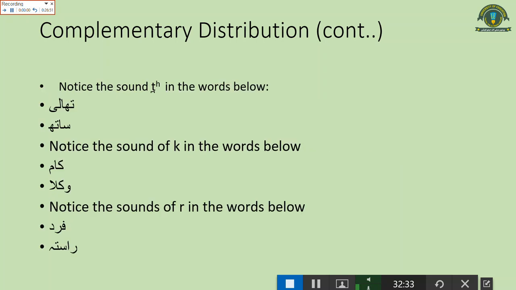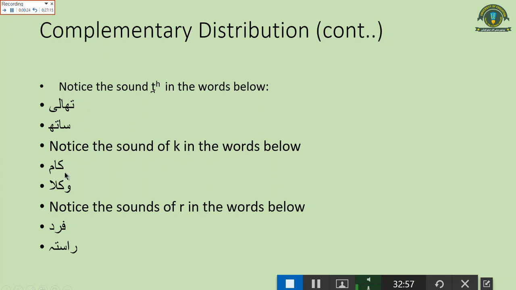Okay, now some more examples of complementary distribution, like thali and saat. When we are pronouncing the word saat, it generally loses its aspiration and its release, and it is having the aspiration here in the beginning.